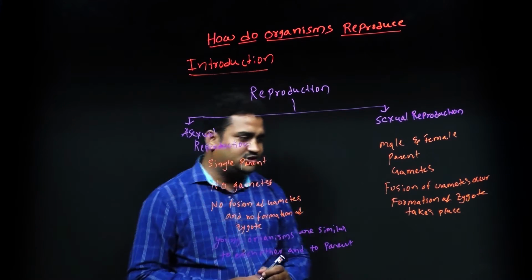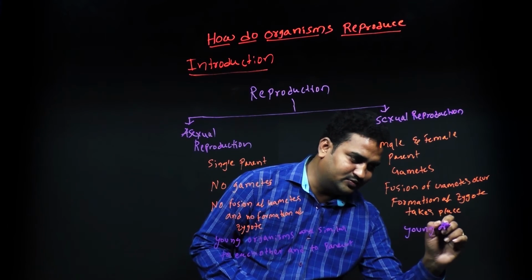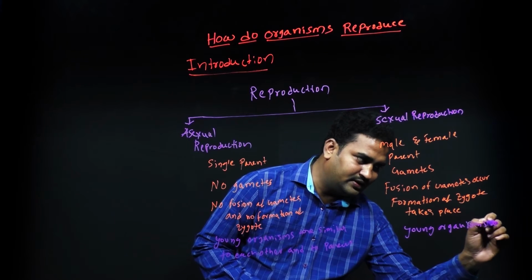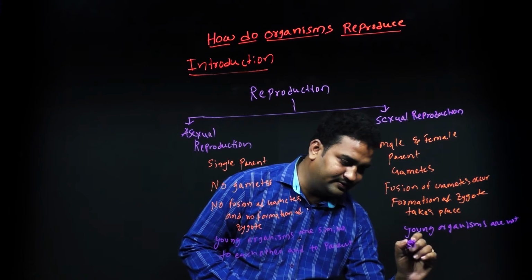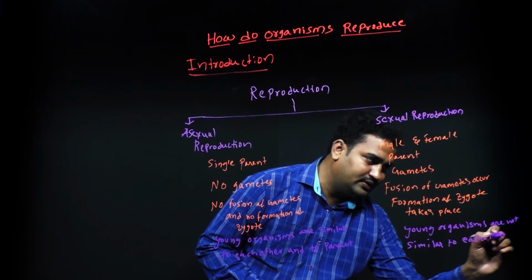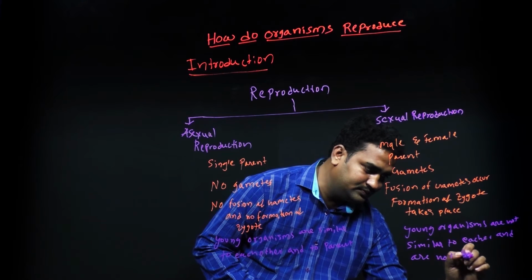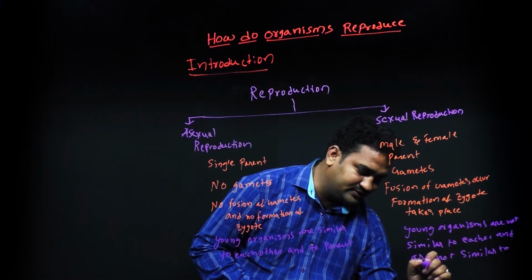But in sexual reproduction, the young organisms are not similar to each other and are not similar to the parents.